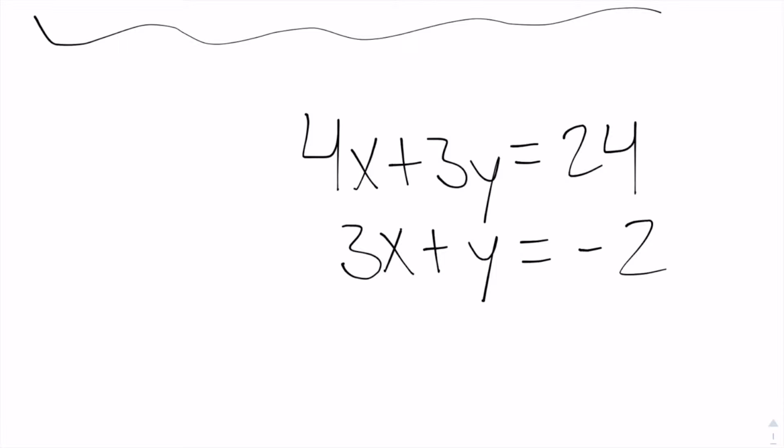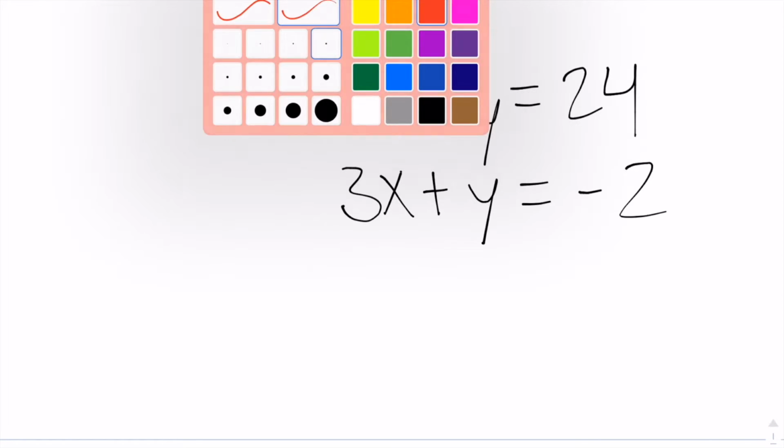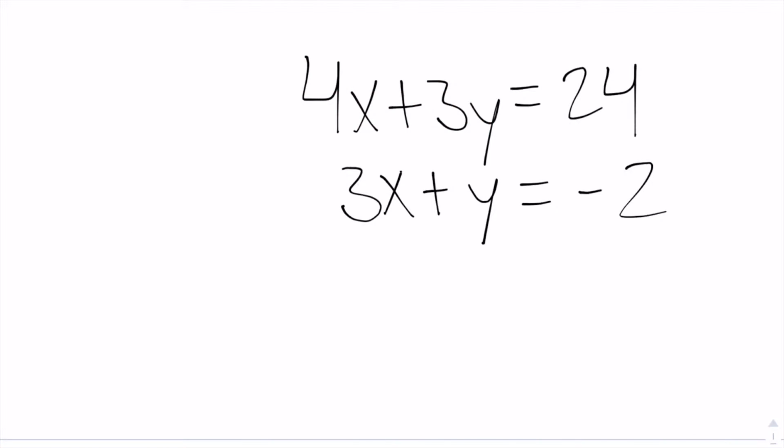So basically, solve for x, solve for y, okay? That's what we're trying to find out. Now, as I told you guys before, which variable looks easier to work with? The x's with 4 and 3, or the y's with 3 and 1? This one should be easier to work with right here, the y's, okay?